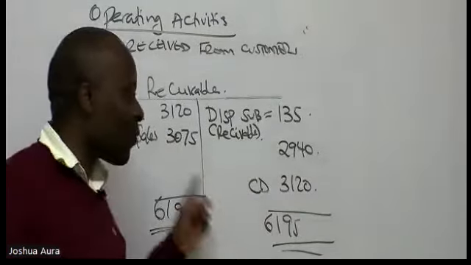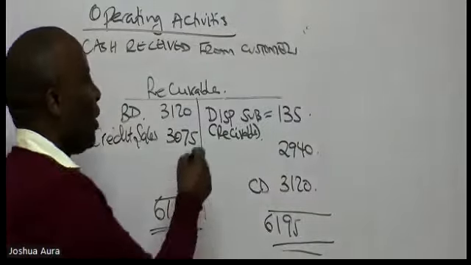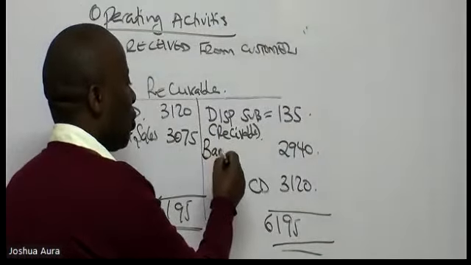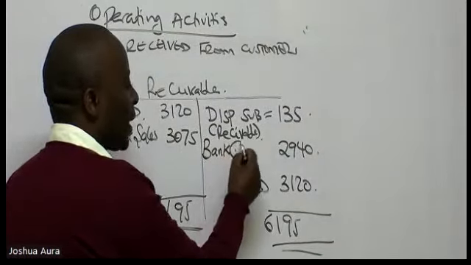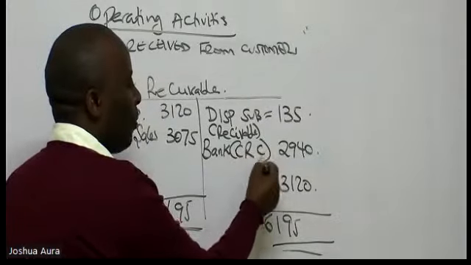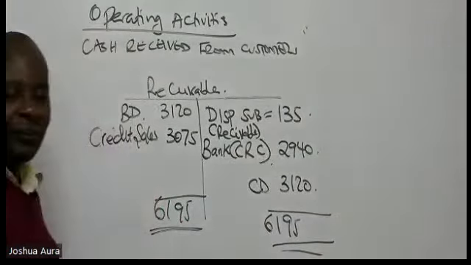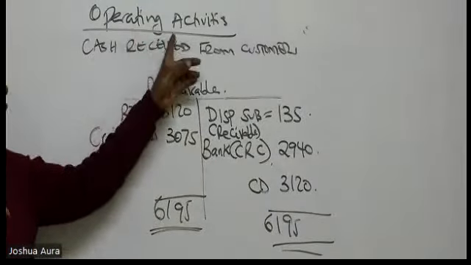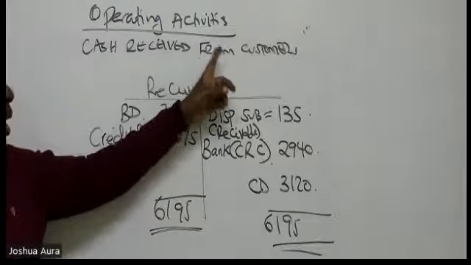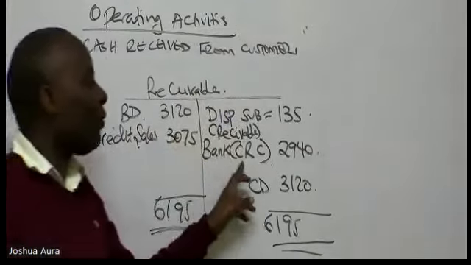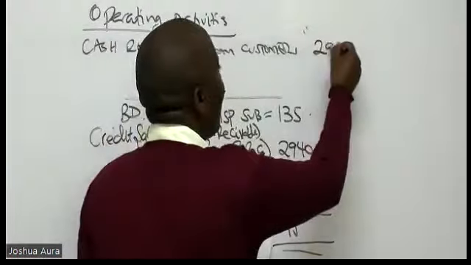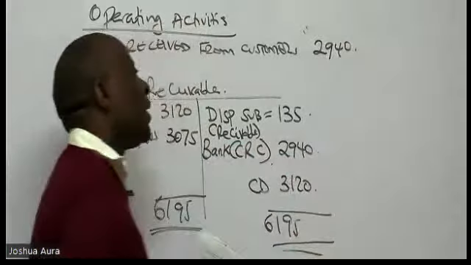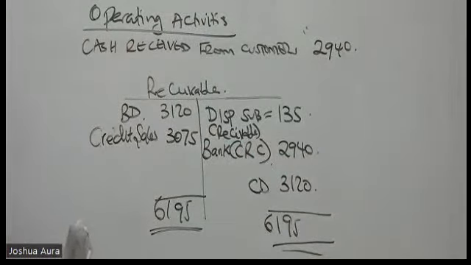This must be what we shall take to our bank as cash received from customers. It is what we shall take to our operating activities under cash received from customers. So cash received from customers is 2940.